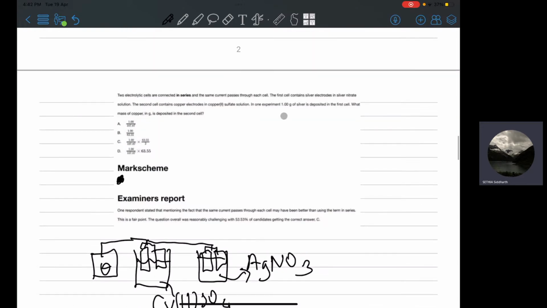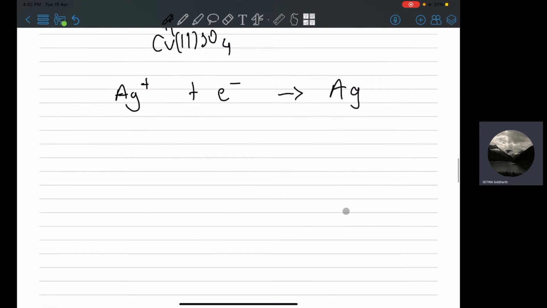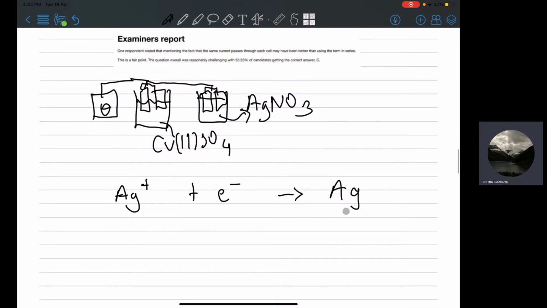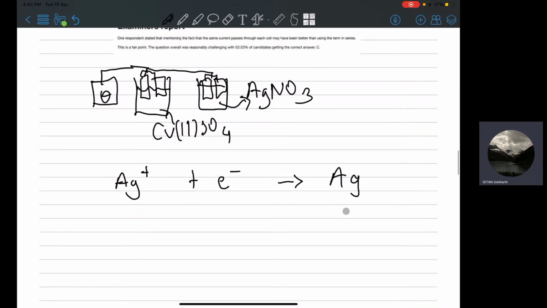Then they've told us that copper is also being deposited. What is the half equation for copper? Well, it's copper 2, so it's going to be Cu2+ + 2e- gives us Cu. That is the second equation. Now, we need to cancel out the electrons first if we want to make a final big equation.